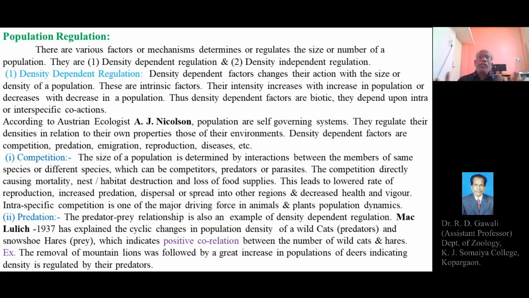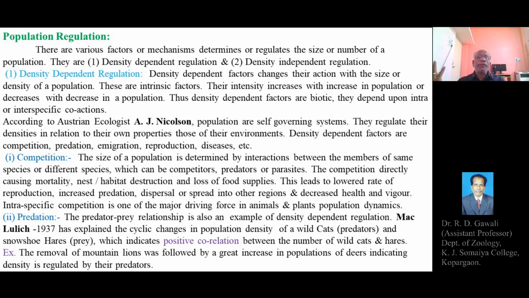So there are several requirements or factors which are essential for the growth of organisms, maybe plants or animals, but the competition will occur between organisms of the same or different species when there is a maximum number of organisms present in a particular habitat.